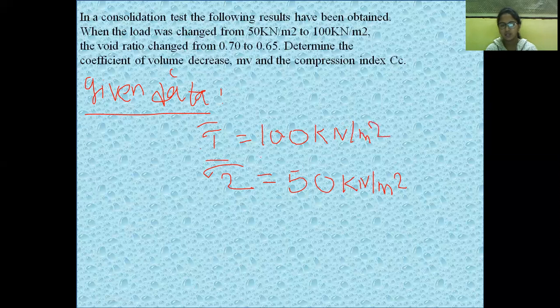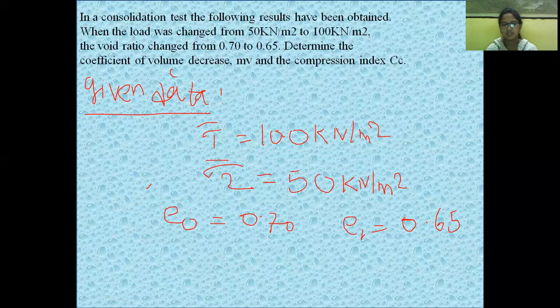Also the void ratio changes from 0.7 to 0.65. So initial void ratio e naught is equal to 0.70, and the changed void ratio is 0.65. So we can calculate the compression index.